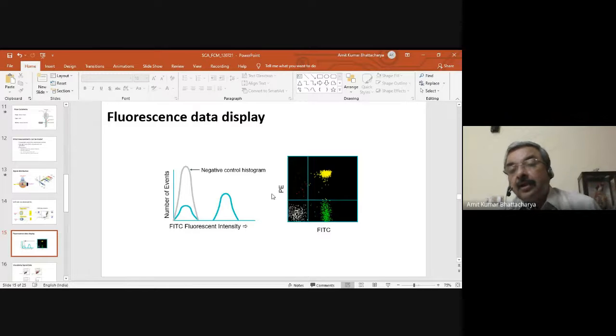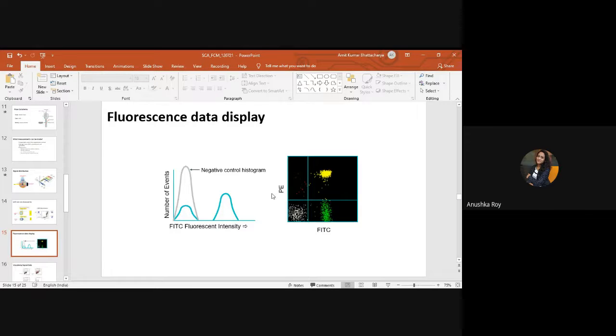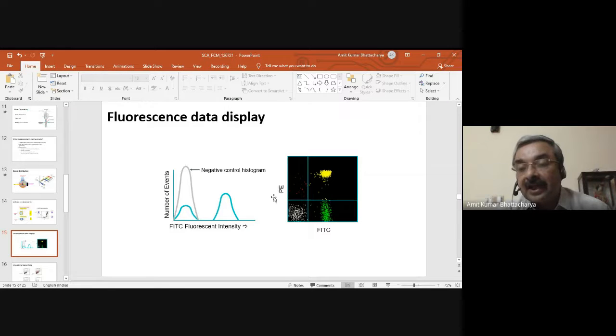You can also plot the fluorescence on a 2-parameter plot, wherein this axis is plotted with one fluorescent dye called phycoerythrin, and this with another fluorescent dye called FITC.